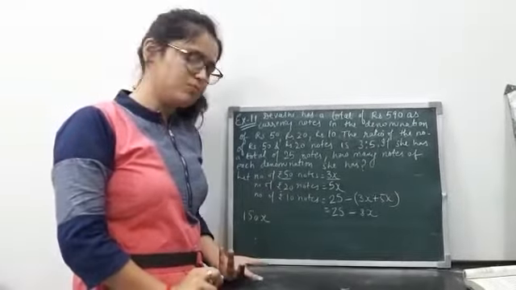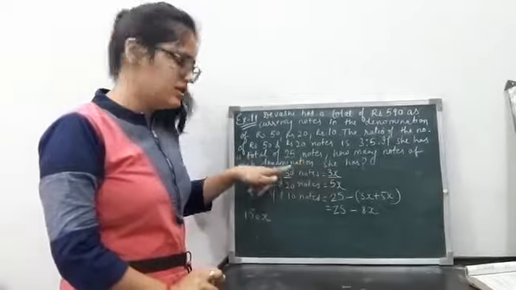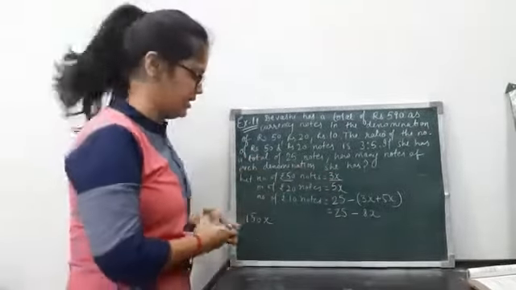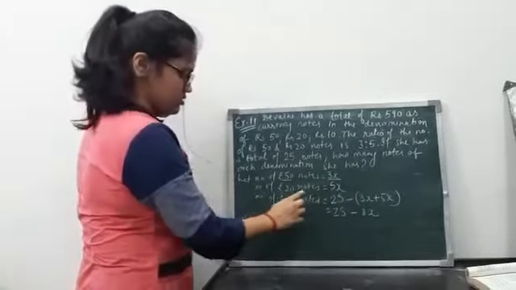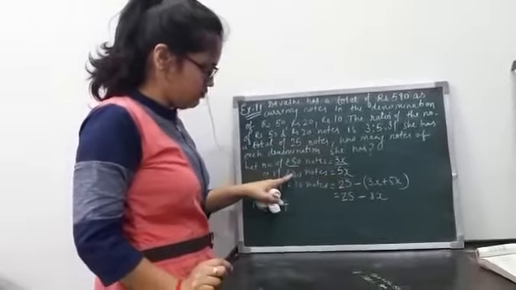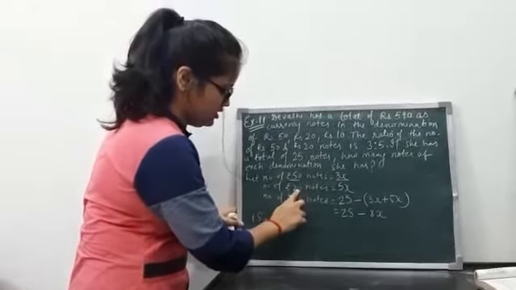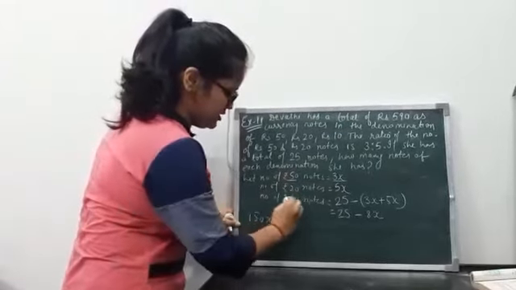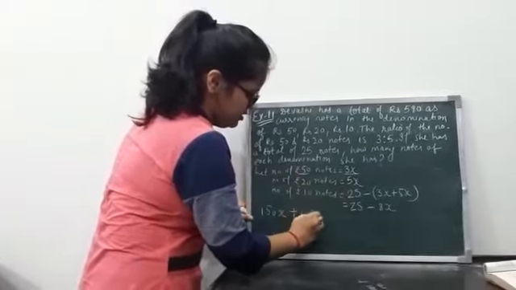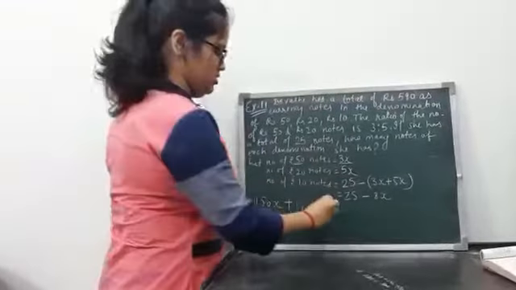I have 150 rupees. Similarly, if she has 3x notes of 50 rupees, then the money she has is 150x. Now, she has 5x notes of 20 rupees. So the total money that she has in 20 rupee notes is 20 multiplied by 5x. 25 are 100, so she has 100x rupees in 20 rupee notes.